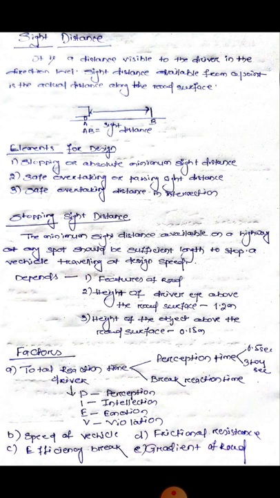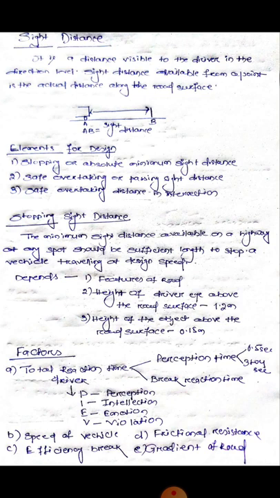Then gradient of the road, meaning the rise or fall of a road, is also a factor affecting stopping sight distance.